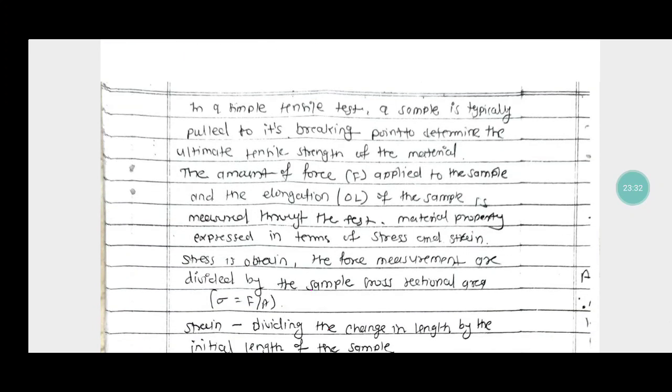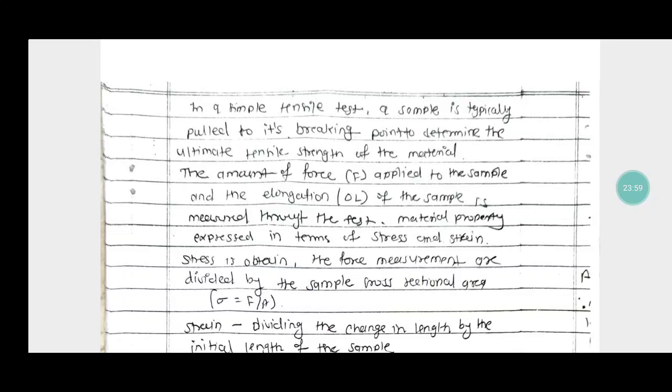In a simple tensile test, a sample is typically pulled to its breaking point to determine the ultimate tensile strength of the material. The amount of force applied to the sample and the elongation of the sample are measured through the test, where the material property is expressed in terms of stress and strain.